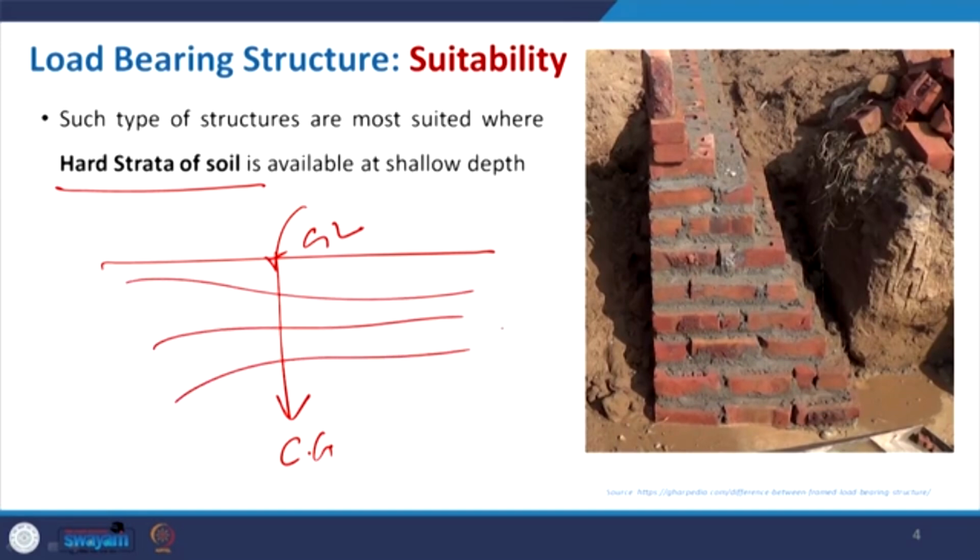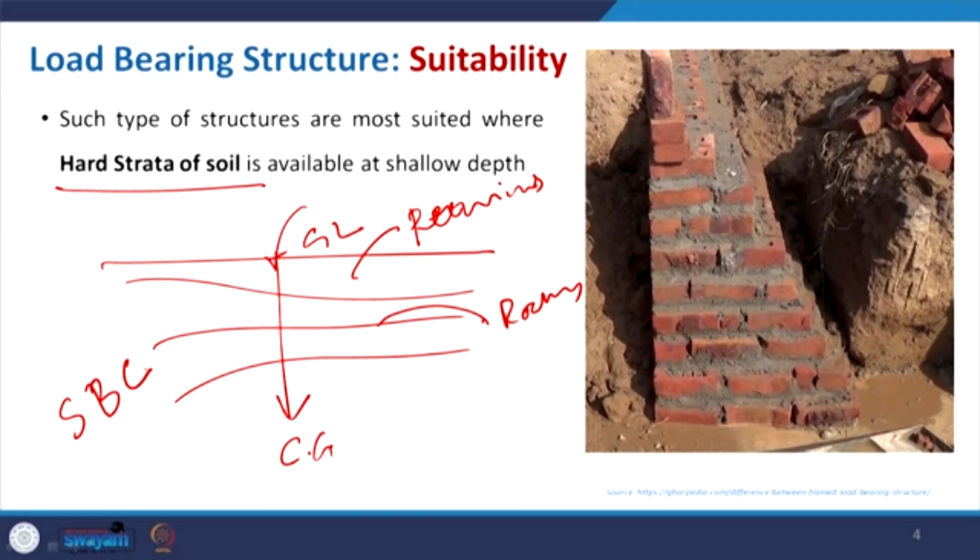Sometimes we get very loose strata, sometimes a very pervious layer, sometimes something rocky, sometimes sandy, clay. So, depending on the soil condition, we have to assess the SBC, safe bearing capacity of the soil, the way it can hold the load of the entire building or the structure.